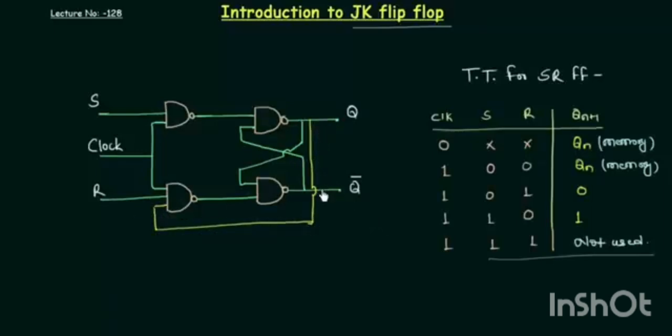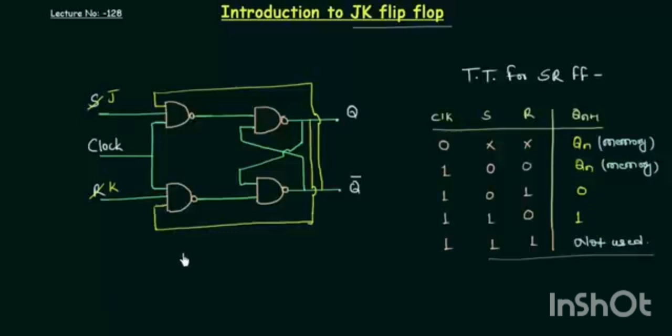Similarly, I will take Q complement out and give it to the NAND gate in which S is one of the inputs, like this. So this is our JK flip-flop. Now I will write S as J and R as K.